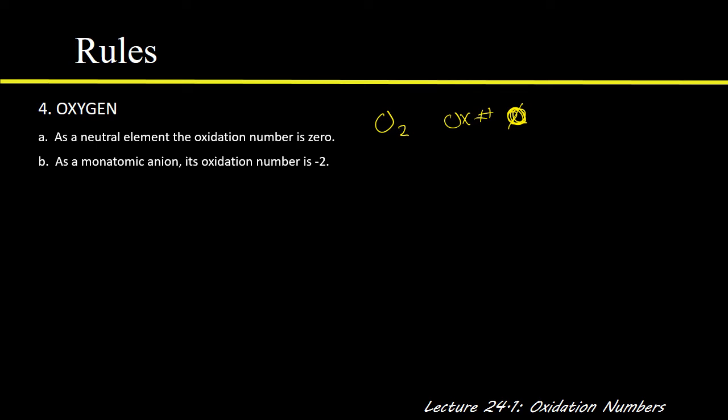Okay, if it's a monatomic anion, its oxidation number is -2. So if we have something like barium oxide or potassium oxide, these are all ionic compounds in which you have an oxide ion, and that oxide ion has a -2 charge, so therefore the oxidation number is just -2.